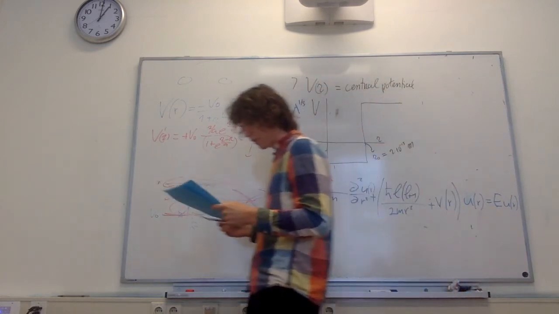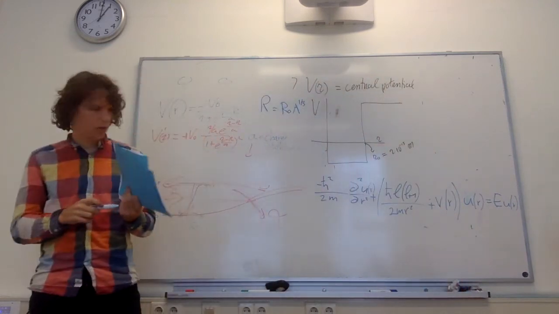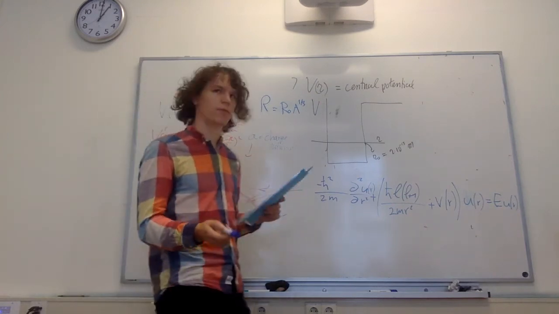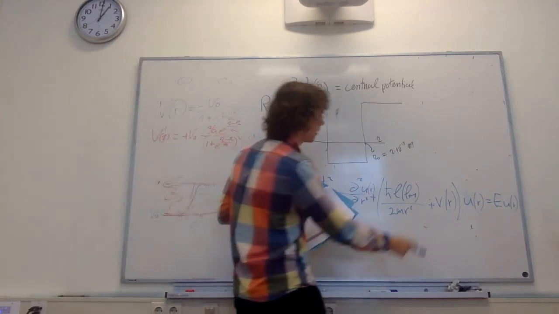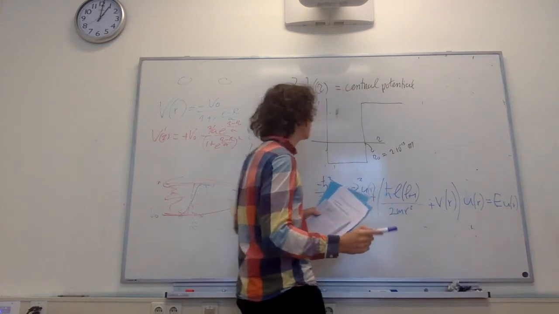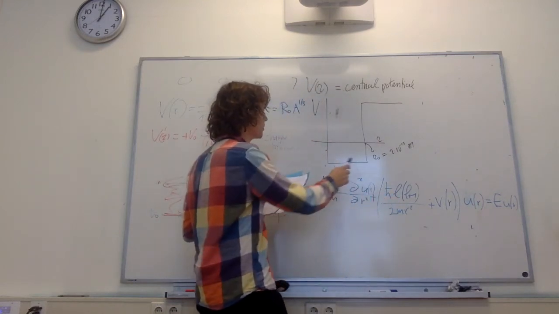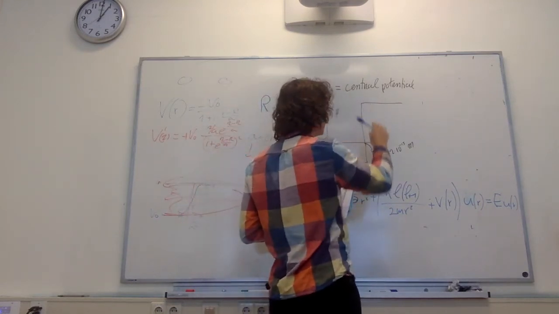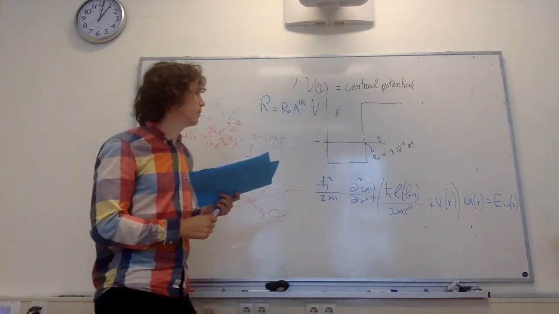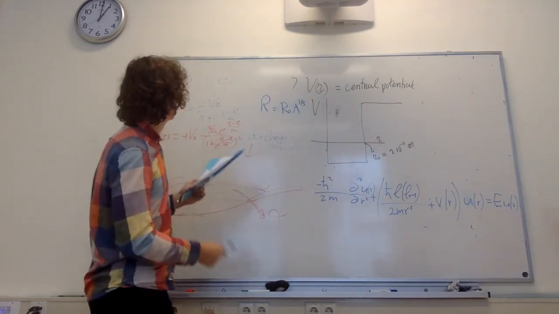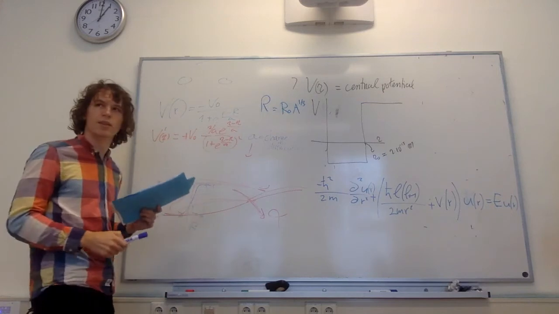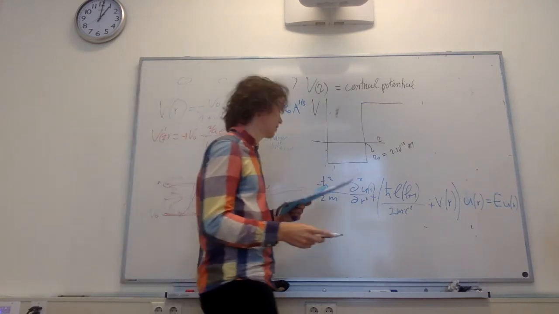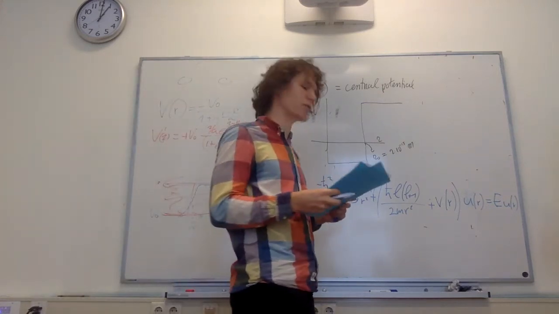Right, we come to this formula. Yesterday our central potential was simple, it was just the V0. But this time you're going to fill in this one. That makes it a lot more fun.